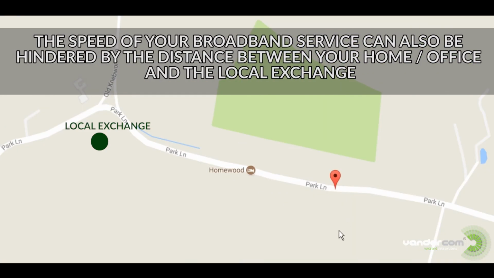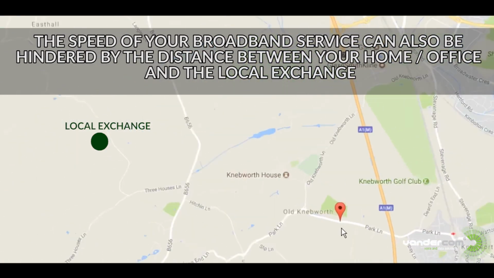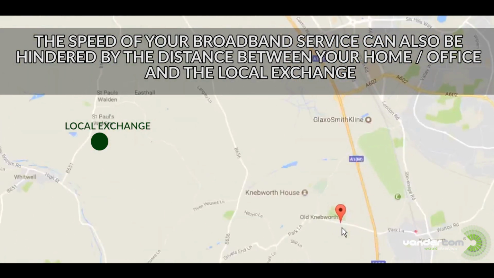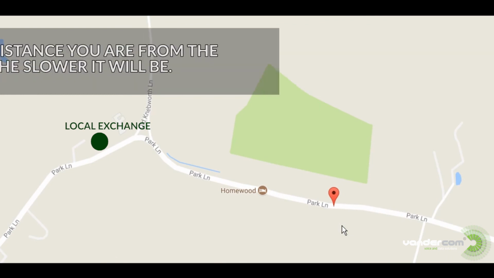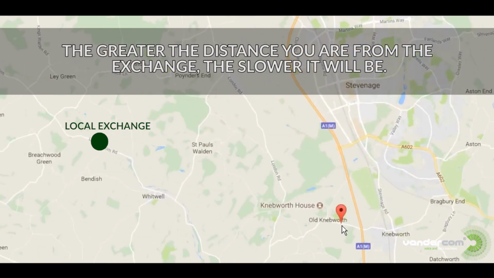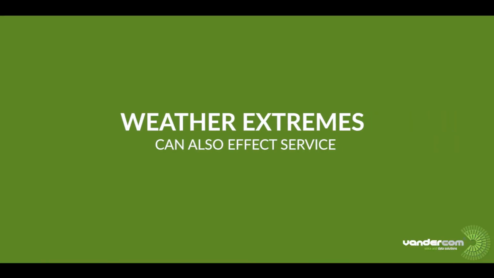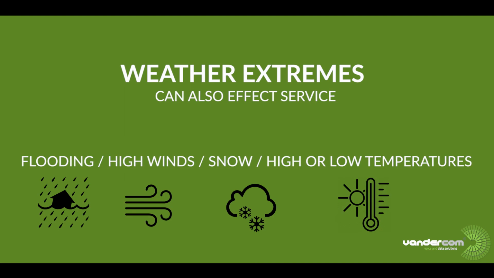The speed of your broadband service is also hindered by the distance between your home or office and the local telephone exchange. The greater the distance you are from the exchange, the slower it will be. Weather extremes can also affect service, such as flooding, high winds, snow, and high or low temperatures.